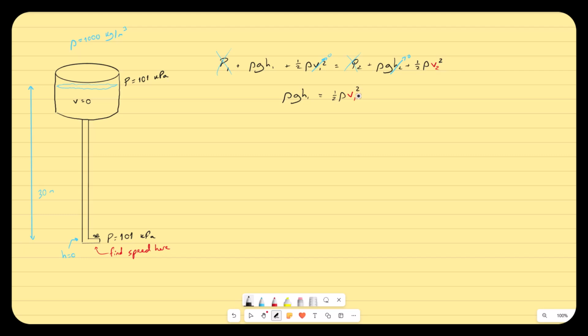This looks a lot like a conservation of energy problem, doesn't it? Rho and rho cancel. I'm so sorry, I made a terrible mistake. V2 equals the square root of 2 g h1. And that works out to be 24.5.